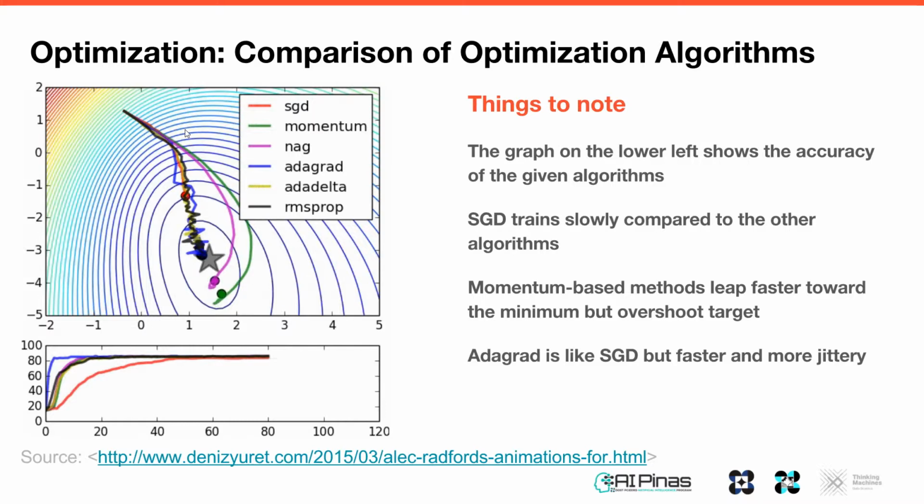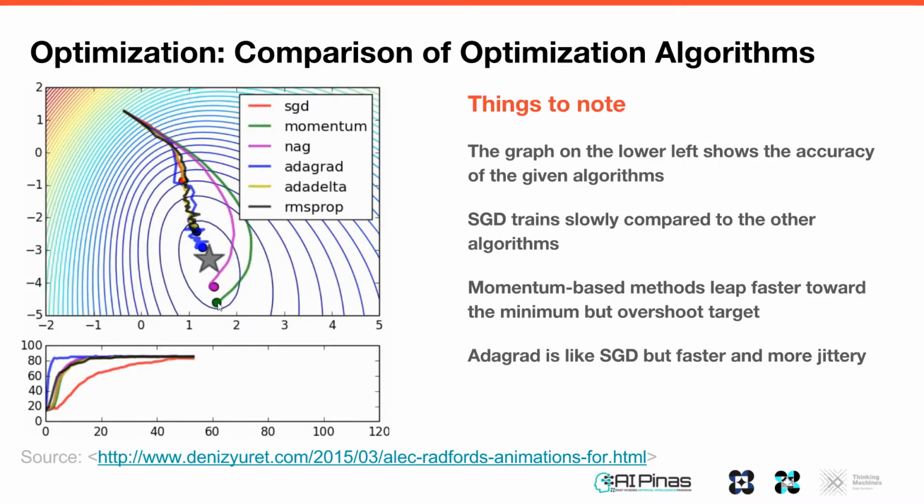Now look at the momentum-based methods. So that would be momentum here, and see how momentum moves in a smoother wave and kind of slingshots back around. So the thing with the momentum method is it trains quickly, it moves relatively quickly towards convergence, but because it remembers where it was going last time, it tends to want to keep moving in that direction, and so if you stop training here, you would actually have overshot the convergence point.